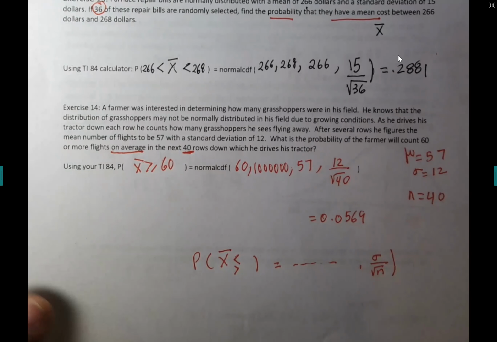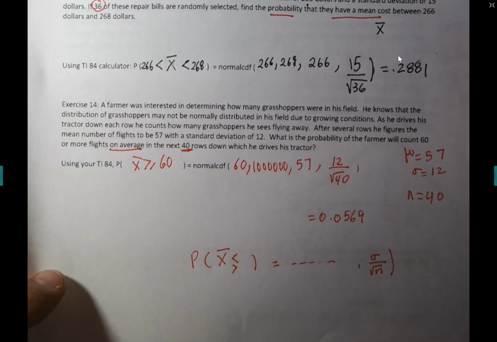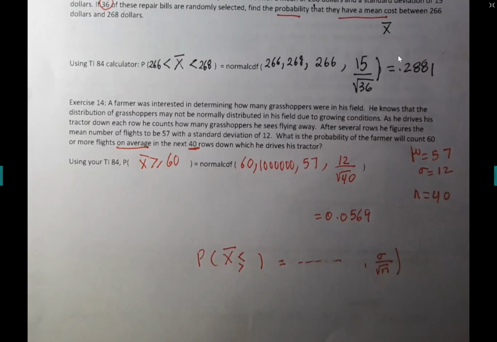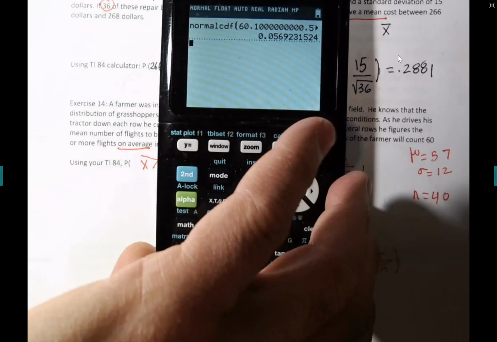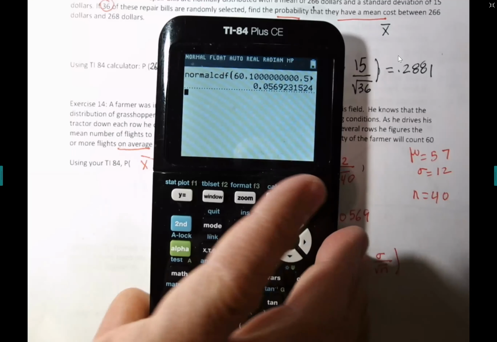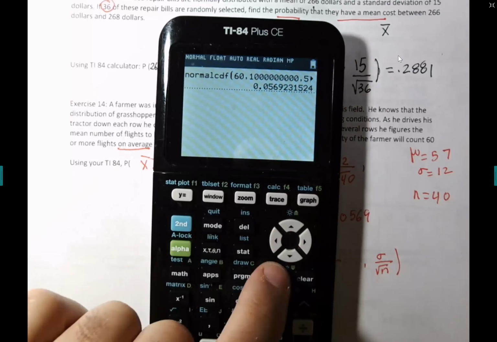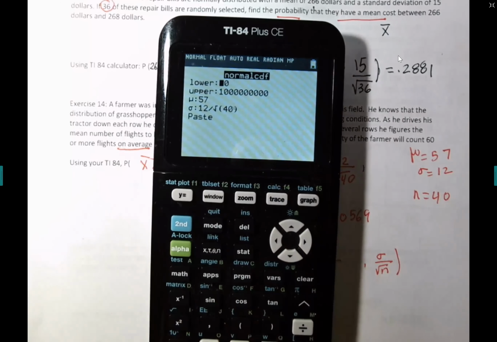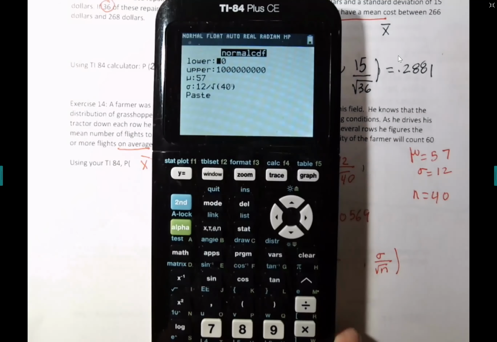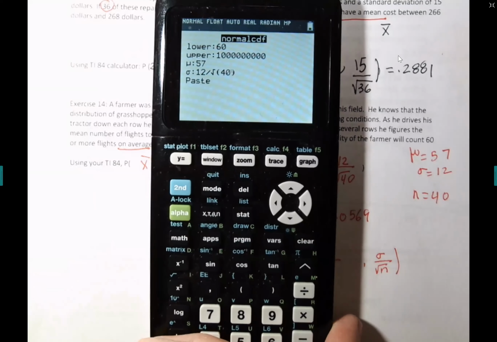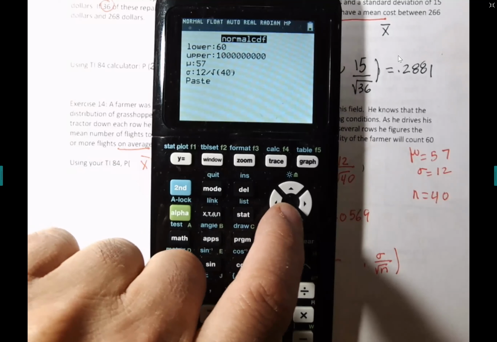Mr. Bazzi, how did you plug in the formula with the square root? Because I tried to do it, but I need to do it separately because it didn't work for me. No, it should. Let me show you. So second, distribute, normal CDF. I'll show you the keystrokes. So 60, no problem. The upper, no problem here.